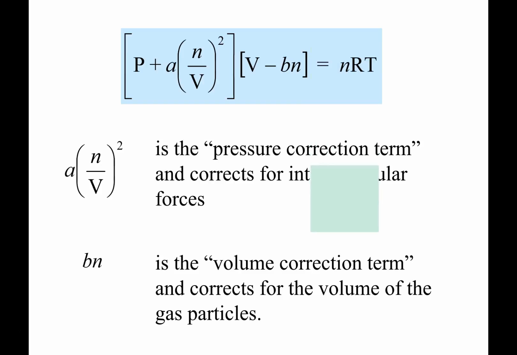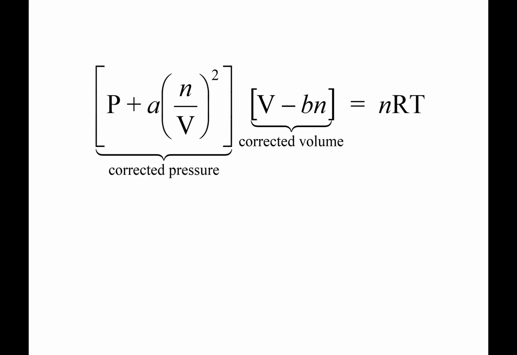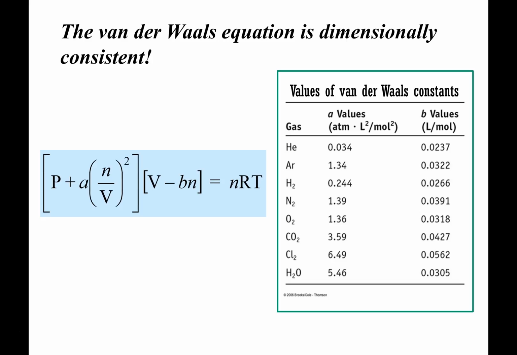So PV is equal to nRT, we add something to the P, we subtract something from the V. So this right here are, I don't know, eight different gases, a value for a and a value for b.